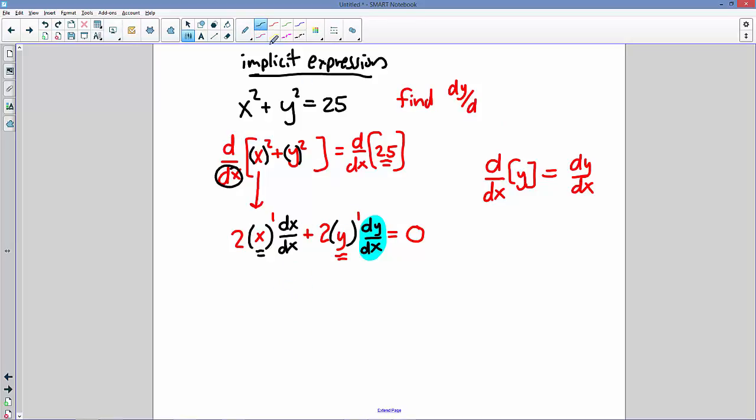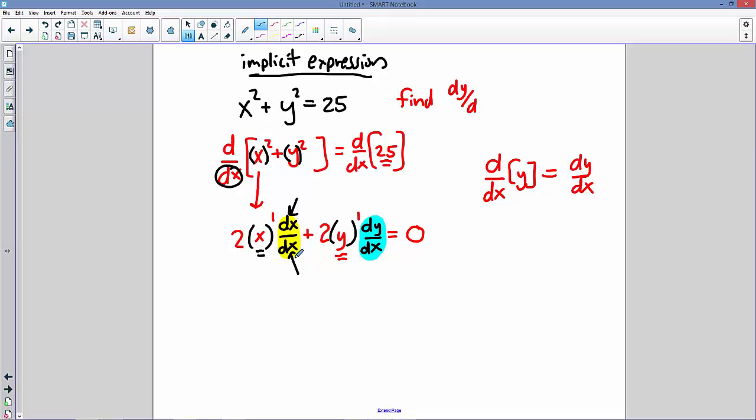The other thing I want to show you, of course, is that something goes away really quickly. You don't really need to write it, but I kind of recommend that you do for a while so that every variable gets this, right? We've been doing this, we just haven't been writing it, okay? What is the change of x with respect to x? And if you remember my chain rule lesson, how much time does it take for me to take a test compared to how long it takes for me to take a test?